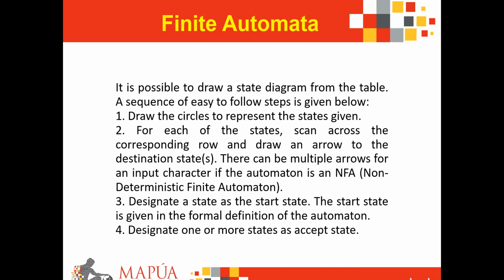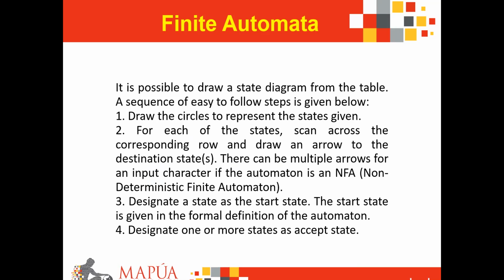When converting your table into a diagram, it is possible to draw it using this sequence. Simply observe on the table how many states are given. Then draw circles to represent the states given on your table. For each state, scan across the corresponding row and draw an arrow to the destination state.